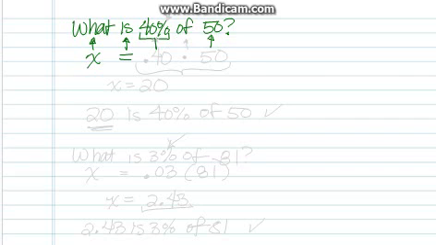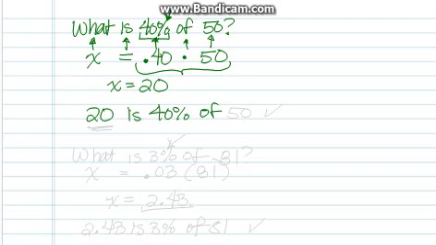Now 40%, it's a little tricky to be writing percent all the time, so it's a little easier to write it as a decimal, which would become 0.40. So we can actually do some math here. Now of, we take that to be multiplication, and we're doing that of 50. So we're taking 40% of 50, which amounts to really just multiplying 0.40 times 50, and we get that x is equal to 20. So that way we know that 20 is 40% of the 50.